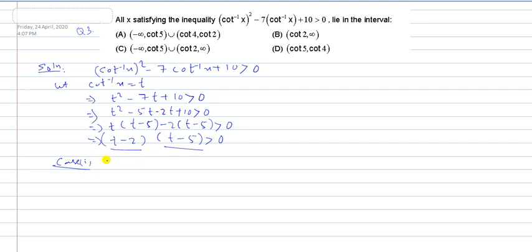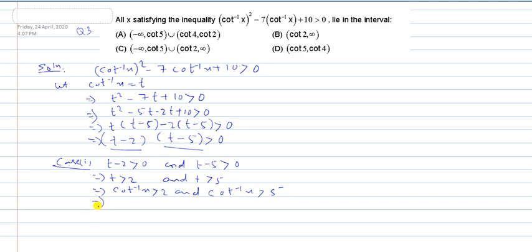Number one, it will be t minus 2 greater than 0 and t minus 5 is also greater than 0. That means t is greater than 2 and t is greater than 5. So cot inverse x greater than 2 and cot inverse x is greater than 5.